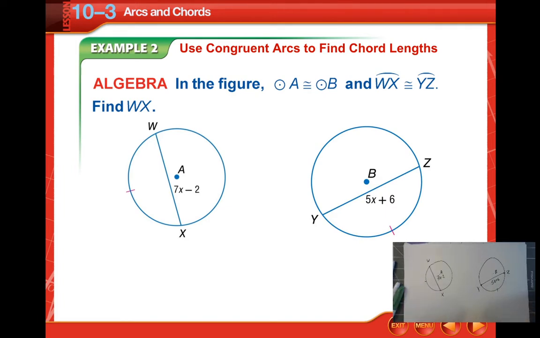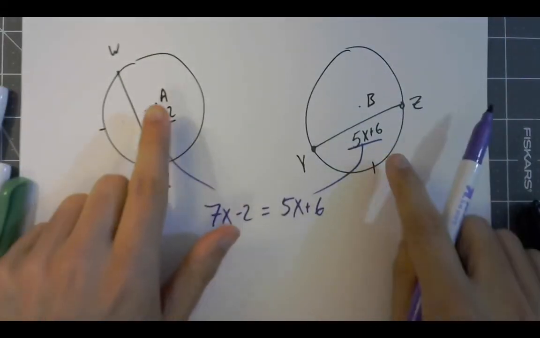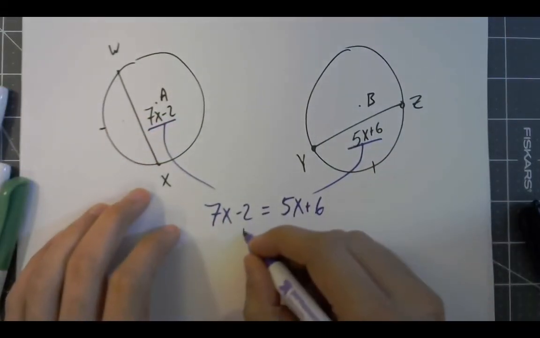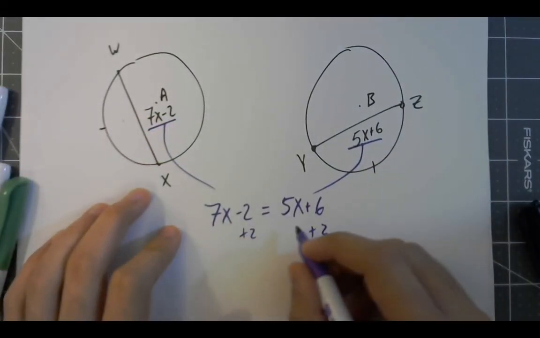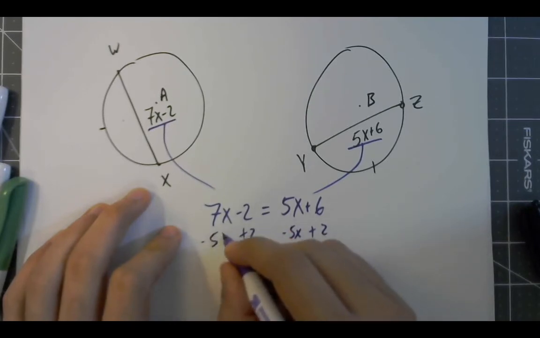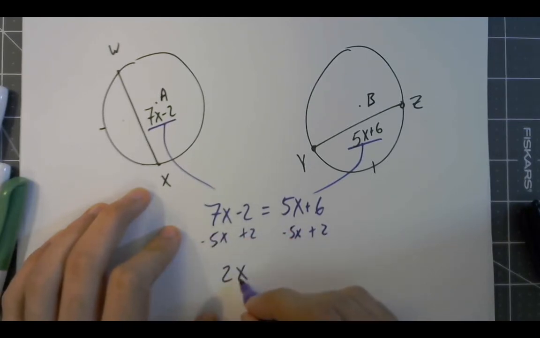And then because of that, I can take these two pieces and put them together. 7x minus 2 matches 5x plus 6. Add 2, minus 5x, minus 5x. 2x equals 8. X ends up as 4.